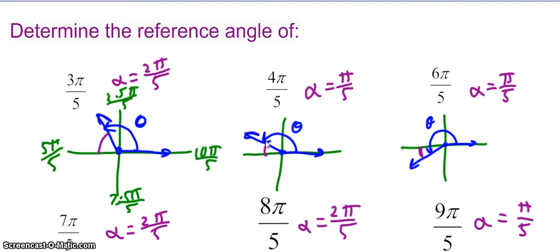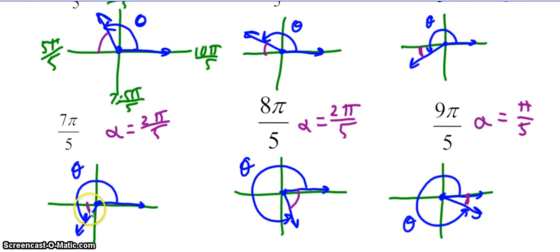4 pi fifths has to be here in the second quadrant, so I'm left over with pi fifths to get to the x-axis. 6 pi fifths. Now I move past pi, so I'm in the third quadrant, but I have pi fifths to get back to the x-axis, so that is still my reference angle again. 7 pi fifths is still in the third quadrant, but now I have 2 pi fifths to get to the x-axis, so that is my reference angle again. 8 pi fifths is now in the fourth quadrant, and I have 2 pi fifths to get to the x-axis, so that is my reference angle again.